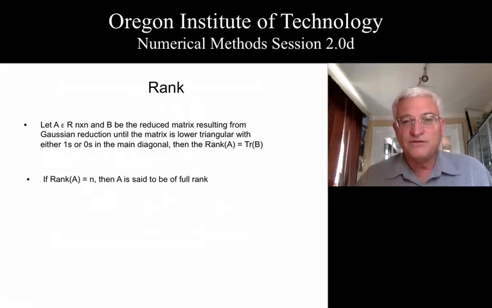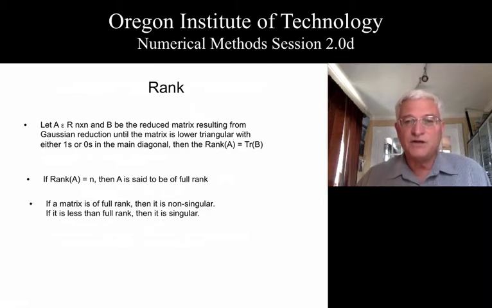If it turns out that your rank equals the row dimension, then we say it's full rank and you can go ahead and solve it and get a unique solution. If not, then it's going to be called singular. If it's full rank, we call it non-singular. You could also call it invertible. Now we'll save that for the next section.